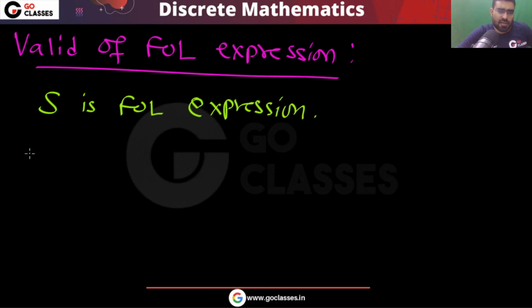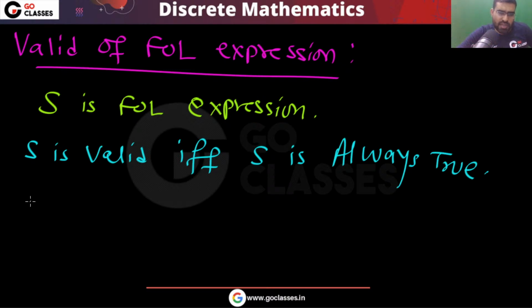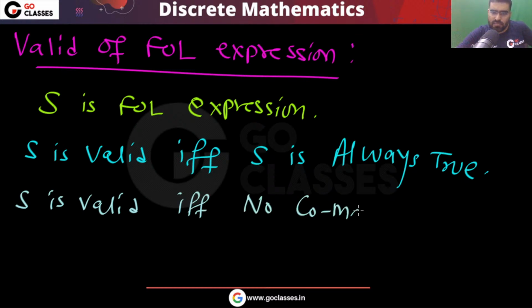S is valid simply means it is always true, if and only if S is always true. What does that mean? That means there is no co-model for S. S is valid if and only if there is no co-model for S. You cannot create any co-model for S.